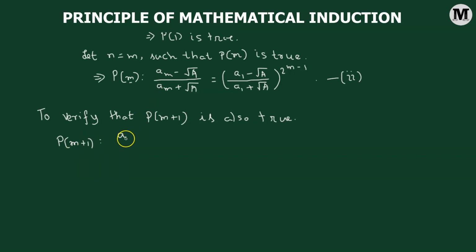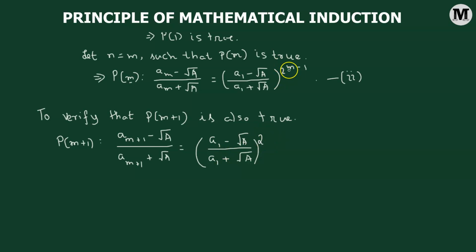Here we have (a(m+1) minus square root of a) whole divided by (a(m+1) added to square root of a), which is equal to ((a1 minus square root of a) whole divided by (a1 added to square root of a)) whole raised to the power of 2, and in place of m we replace it with m plus 1, so we have (m plus 1) minus 1.